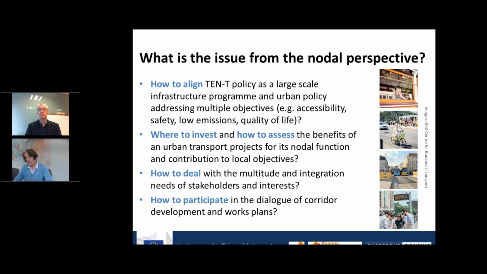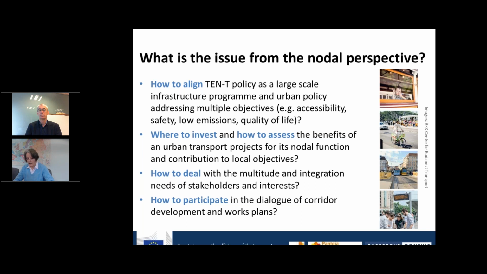So the questions from the nodal perspective are how to align TEN-T policy, which is a large-scale infrastructure program, to urban policy, which addresses multiple objectives like accessibility, safety, or low emission and quality of life. How to bring those different perspectives and policies together, which are currently separated.